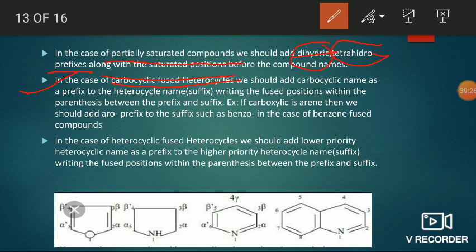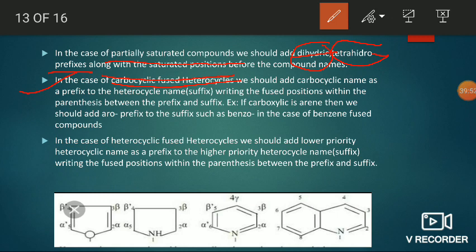That is, the carbocyclic name is added as a prefix before the name of the heterocyclic ring.